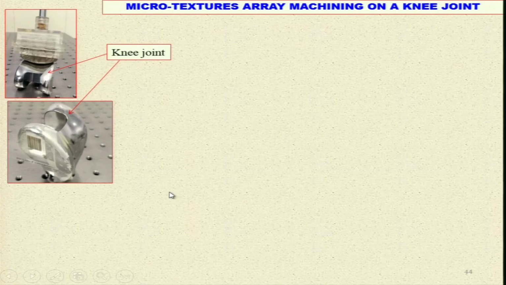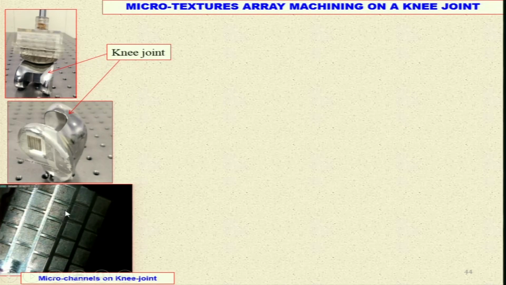Microtextures array machining on a knee joint. Now this is the knee joint, and on this you can see here the microtextures are being created, and I have already mentioned, if microtextures are there, friction can be reduced and pain to the patient can be reduced, and the life of the knee joint can improve.